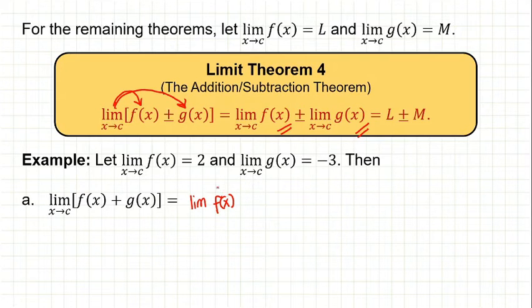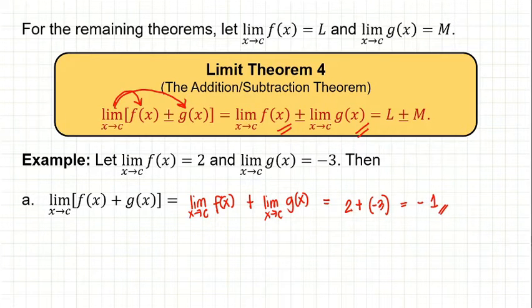So ihiwalay lang natin yung f of x at g of x as x approaches c plus, since we have plus here, the limit of g of x as x approaches c. And from the given conditions, we have the limit of f of x as x approaches c is equal to 2 plus the limit of g of x as x approaches c is equal to negative 3. And this is equal to negative 1. Okay, and that will be our answer.